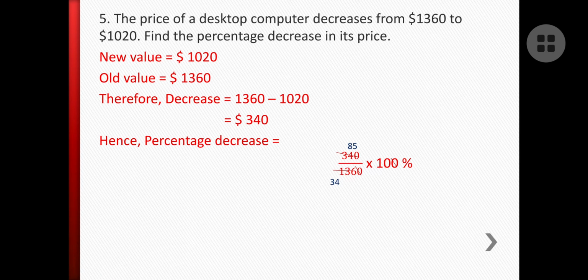Then I simplified it with 2. 34 and 10 I divided with 2, so 34 by 2 is 17 and 10 by 2 is 5. And finally 85 and 17: when you divide with 17, you know 17 into 5 is 85. So the numerator became 1. What is left behind? 5 into 5. And what is 5 into 5? Yes, that is 25%. Clear?